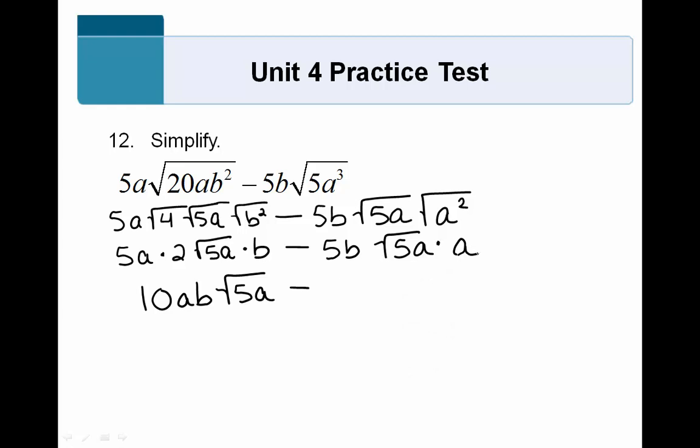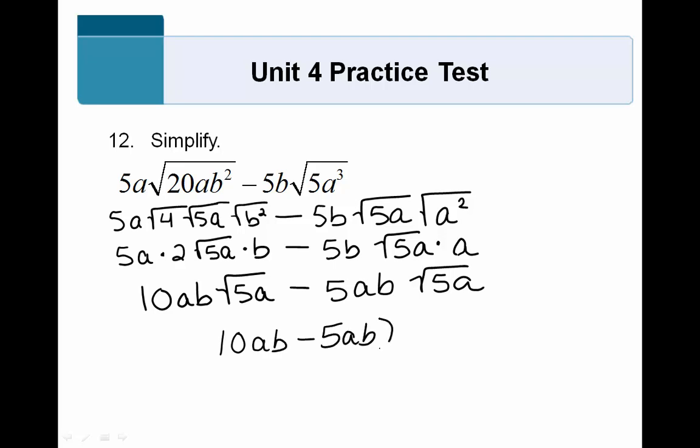So we'll rewrite this as 5ab square root 5a. So we have 10ab square roots of 5a minus 5ab square roots of 5a. So that's 10ab minus 5ab square roots of 5a. So that's 5ab square roots of 5a.